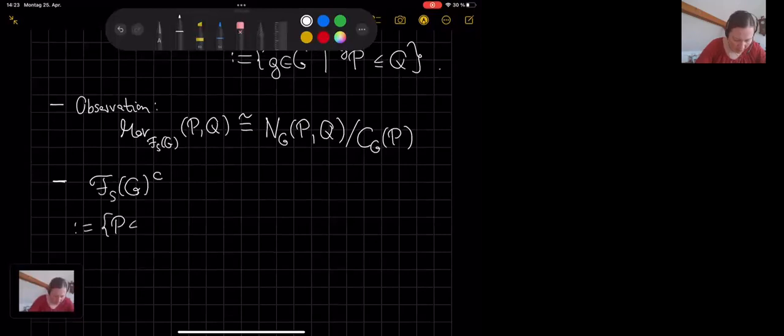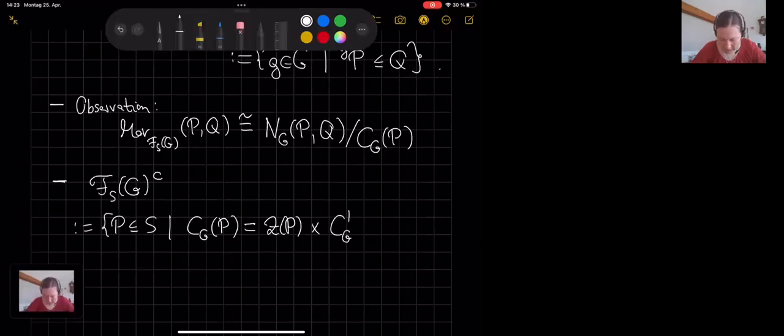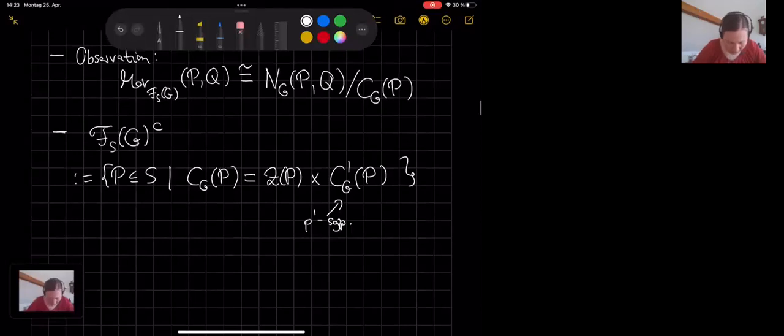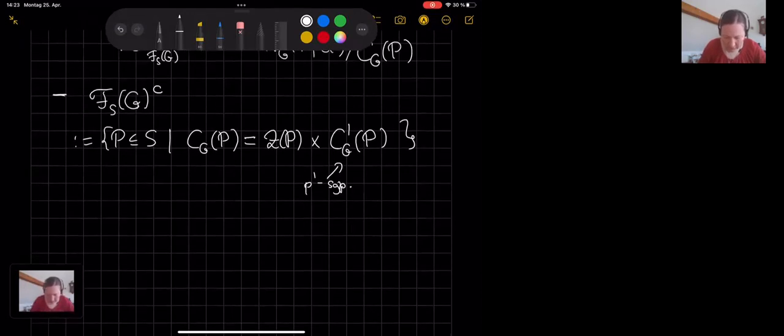These are the subgroups P of S such that the centralizer in G of P splits as the center of P times some subgroup, which I write as C_G'(P), some p' subgroup. I take the P contained in S such that such a p' subgroup exists, so that I can split it. But if it exists, it actually also turns out to be unique, so I can give it this name C_G'(P).